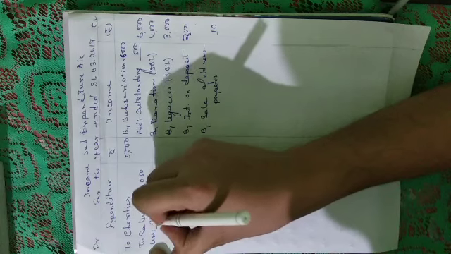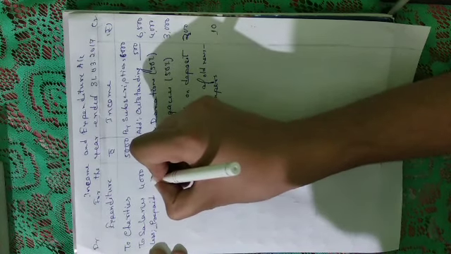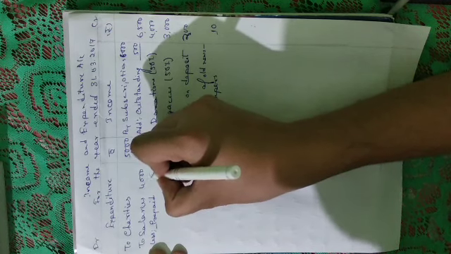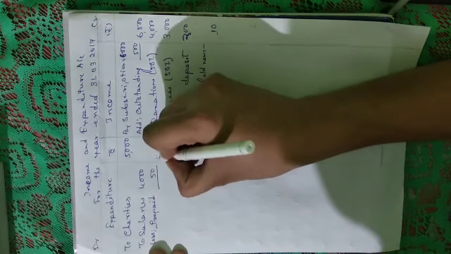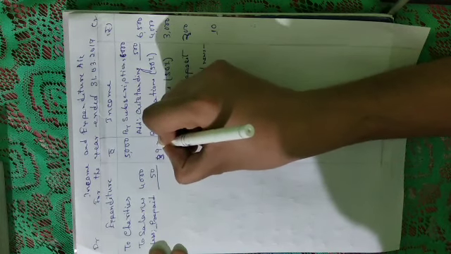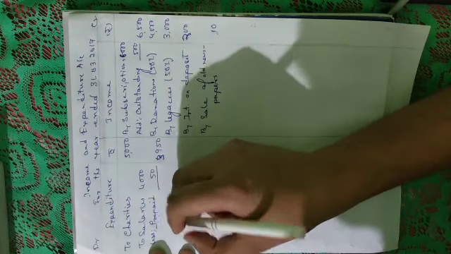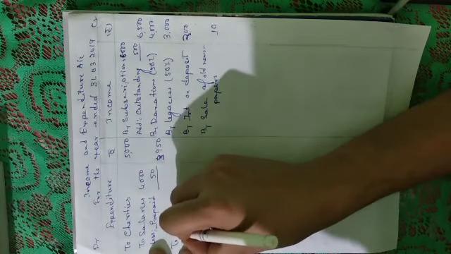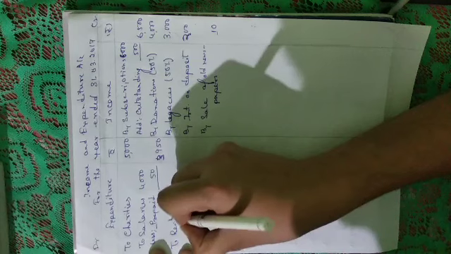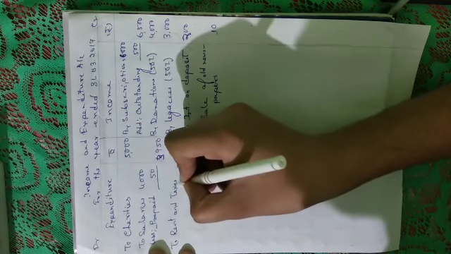The deduction will be made for the prepaid, that is prepaid rupees 39,050. Next is rent and taxes.